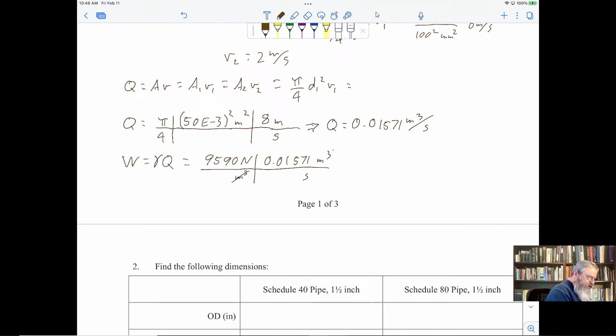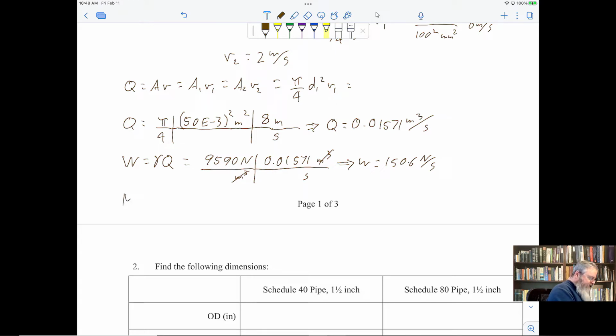Cubic meters cancel. I'm left with newtons per second, and W works out to be 150.6 newtons per second. Every second, 151 newtons of water flows through any given point in this pipe.